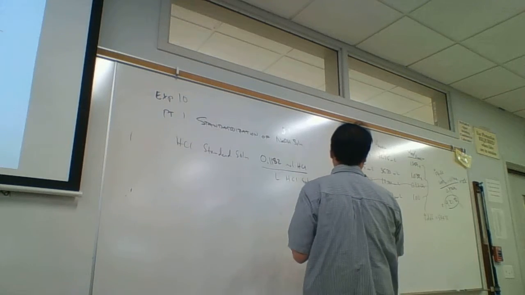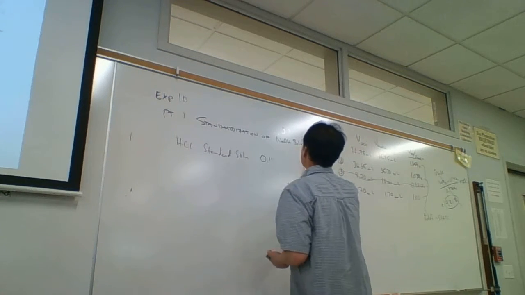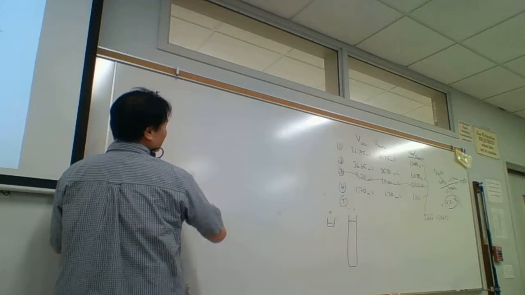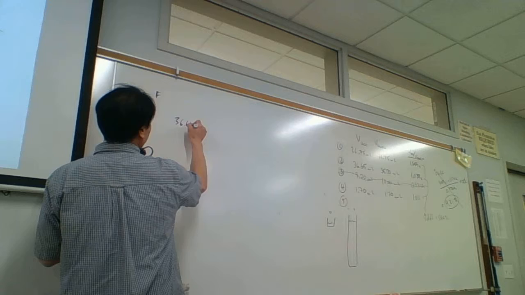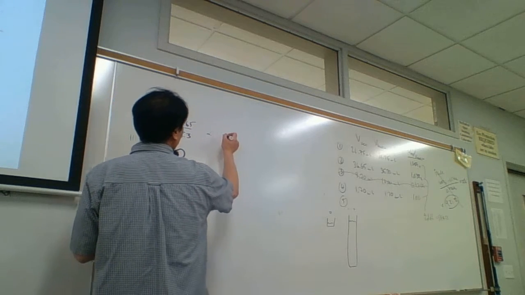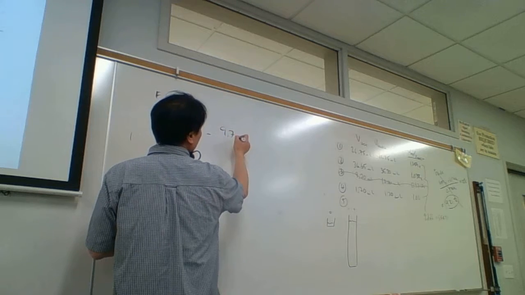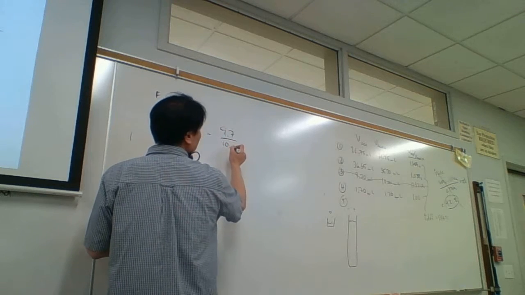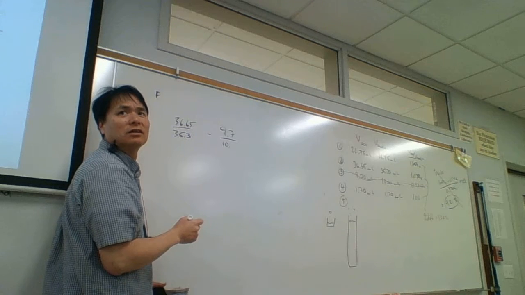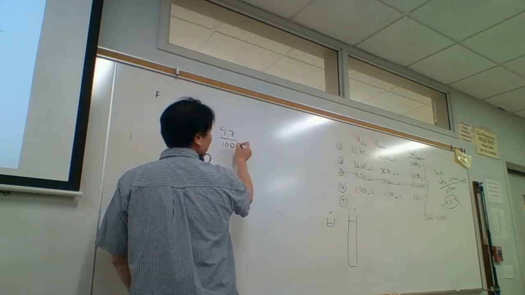Okay, tell me what fractions you used. 36.65 over 35.3 minus 9.7 over 10.09.